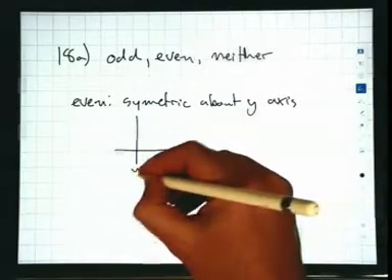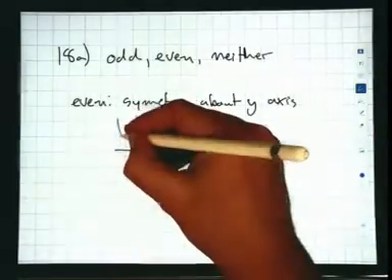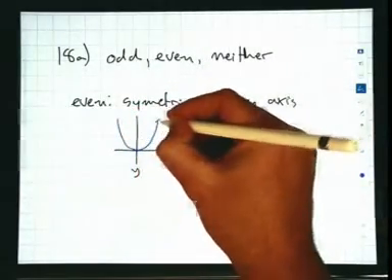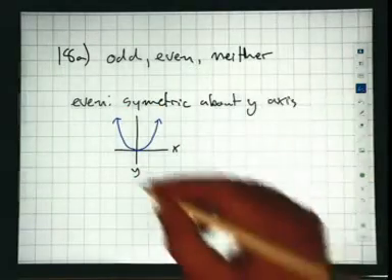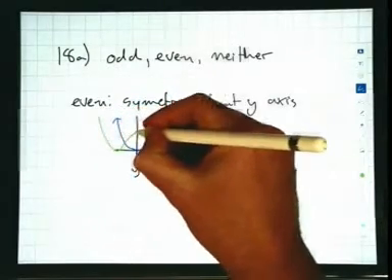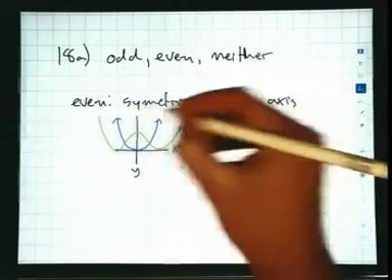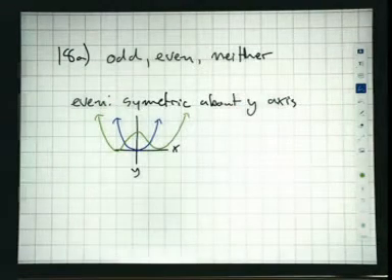If this is our x-axis and y-axis, they're going to look something like this, like a parabola. Or they could have more symmetry. They could be something that does this. Both of those functions are symmetric about the y-axis.